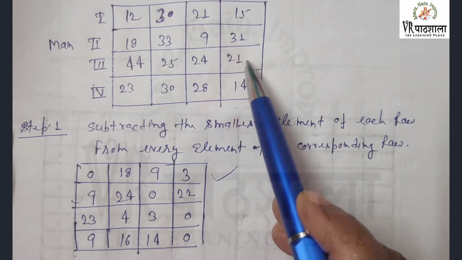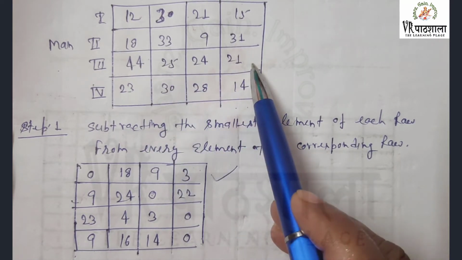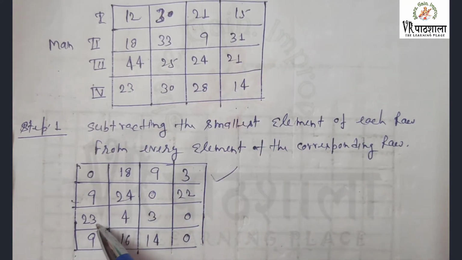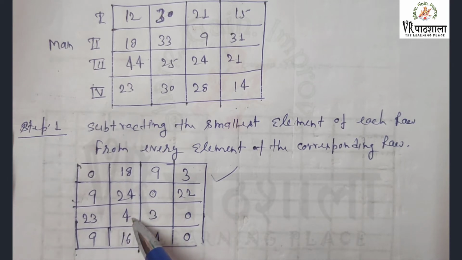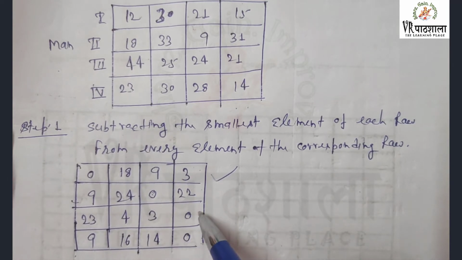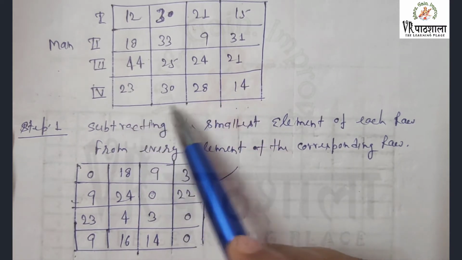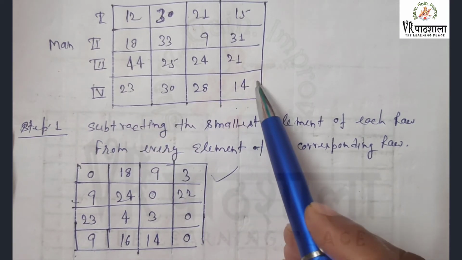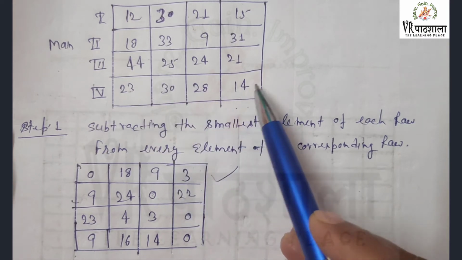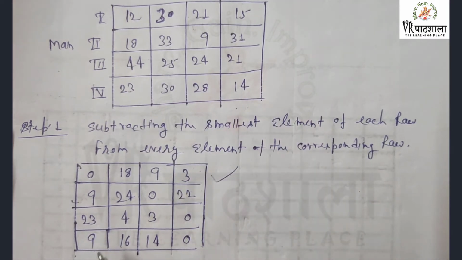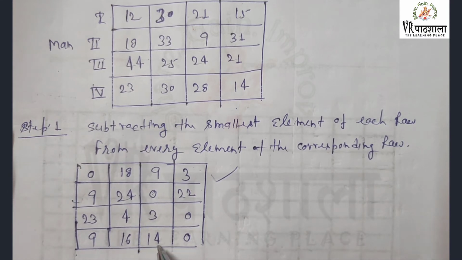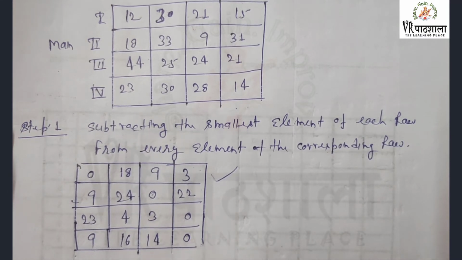So we subtract 21 from the third row. Now we will get 23, 4, 3, 0. Now in the fourth row, the smallest element is 14. So we subtract 14 from the fourth row. Now we have 9, 16, 14 and 0.